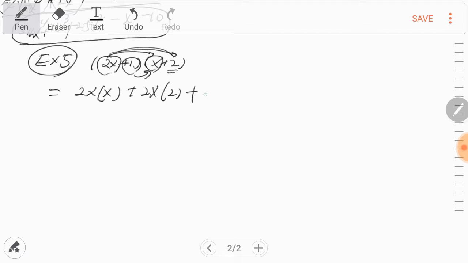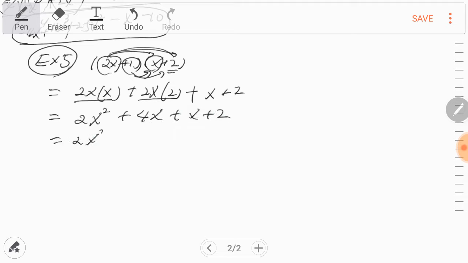So 1 times x is x, 1 times 2 is 2. Before we combine the like terms, simplify each term: 2x squared plus 4x plus x plus 2. And then combine the like terms: this is 5x plus 2.